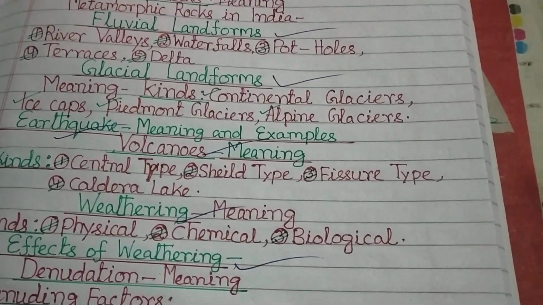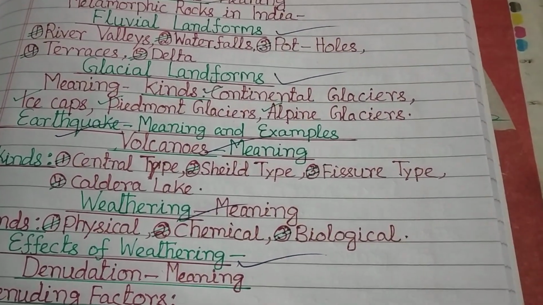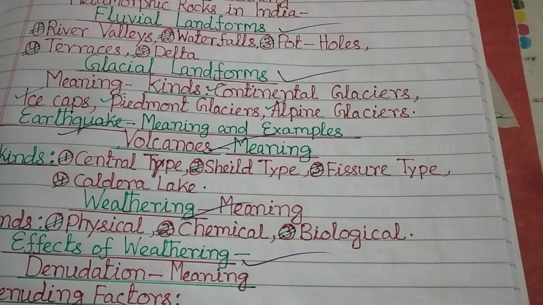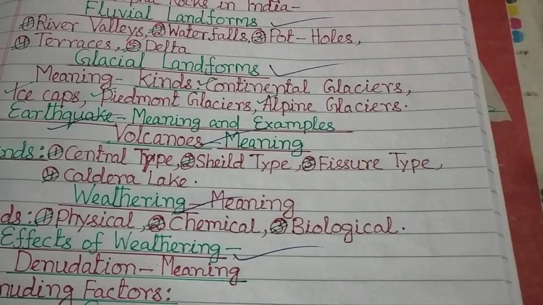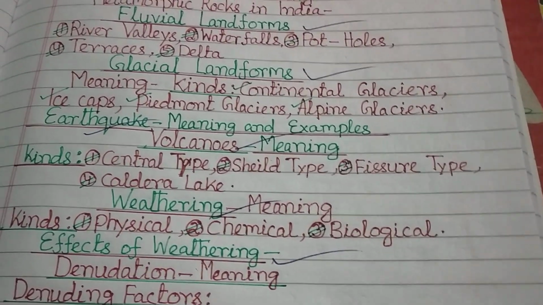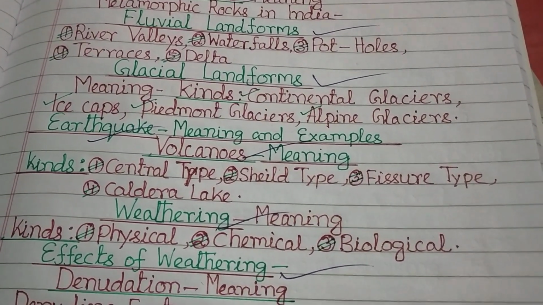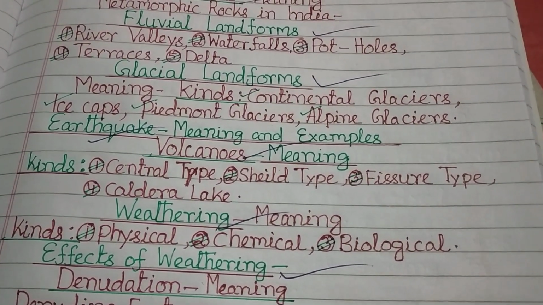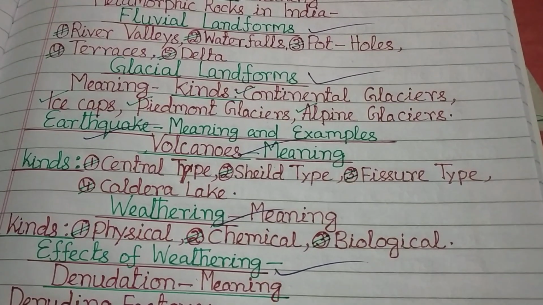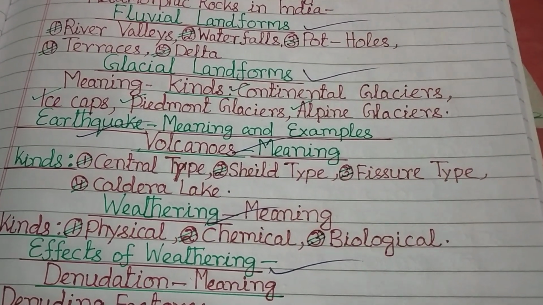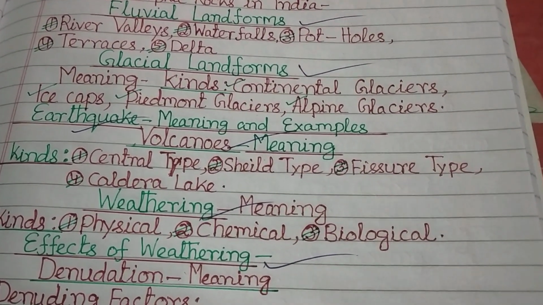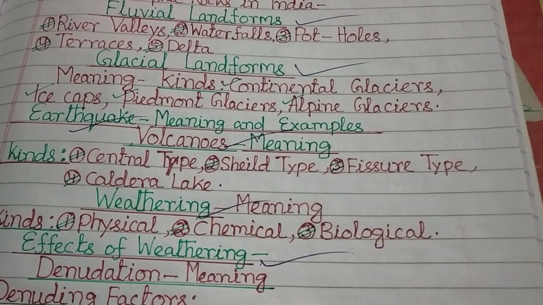And now we'll discuss metamorphic rocks. And this is the third important kind of rocks. Temperature, pressure and chemically active fluids induce changes in igneous and sedimentary rocks.